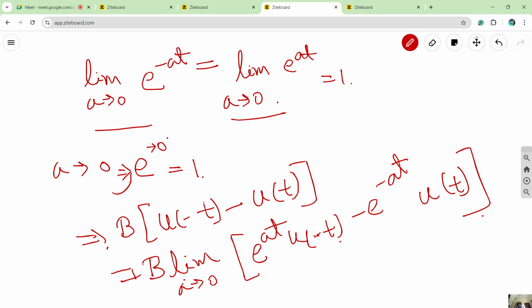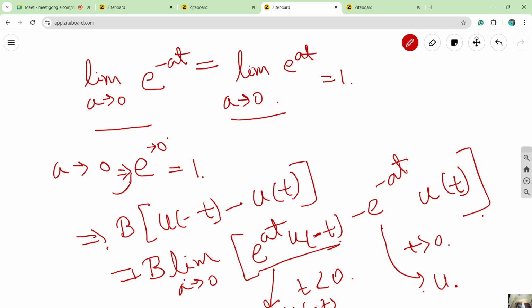So in this part, for t less than 0, this will be u of minus t, and for t greater than 0, this will be u of t. So this is the answer.